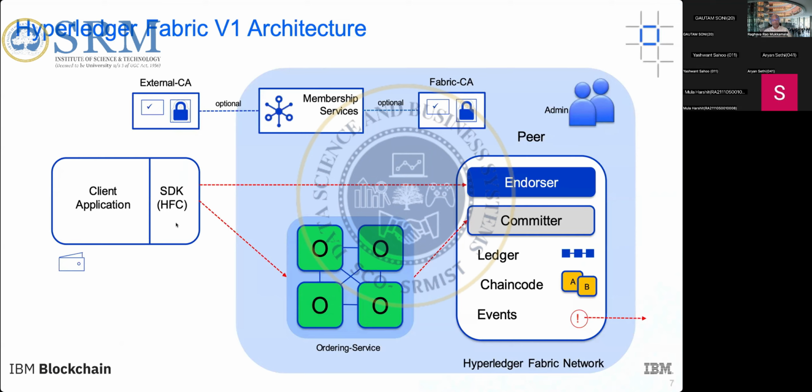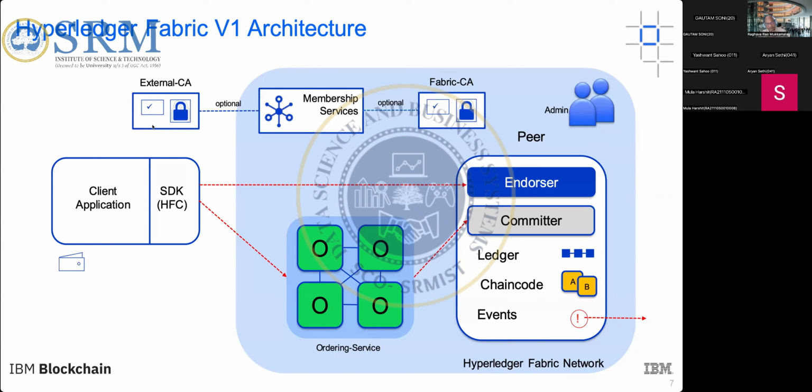Okay, so then let me quickly go through the architecture, right? You have to understand three things. You have endorsement. Again, we have a slide with more details. And you have ordering and you have committing, right? And then you have different pluggable components, as I mentioned before.